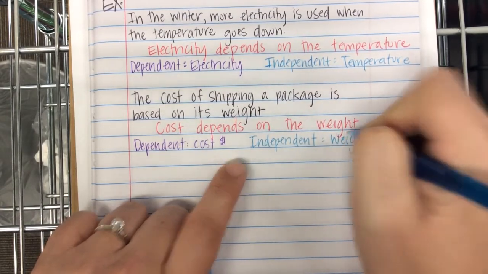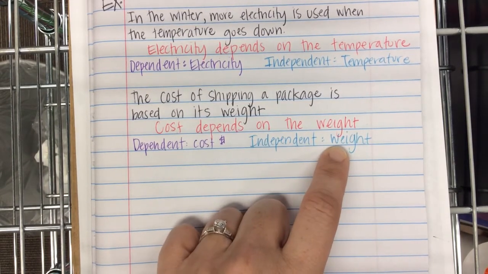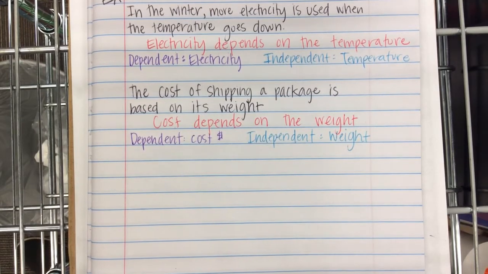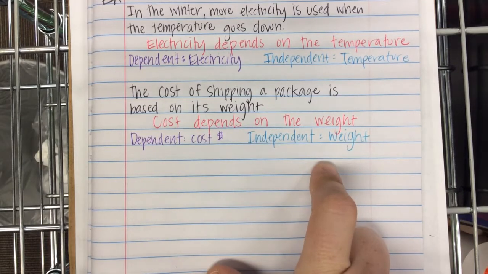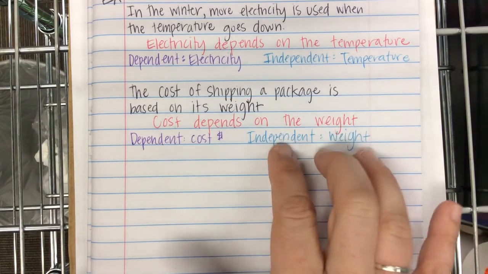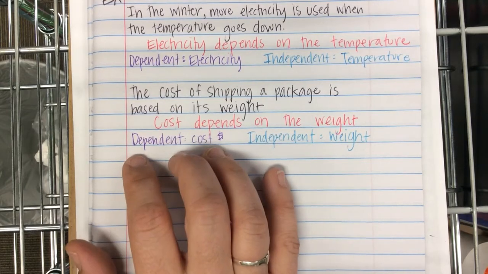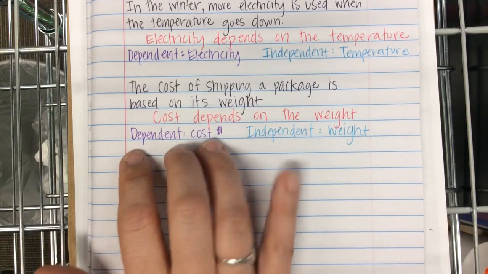Now, I understand, if I'm sending a care package, I can control the weight of it. I can take things out of it. But if I'm mailing a textbook, I cannot change the weight of the textbook. That's a set amount. It cannot be changed, but the cost can change. I can shop around to see if somebody has a better cost per weight.